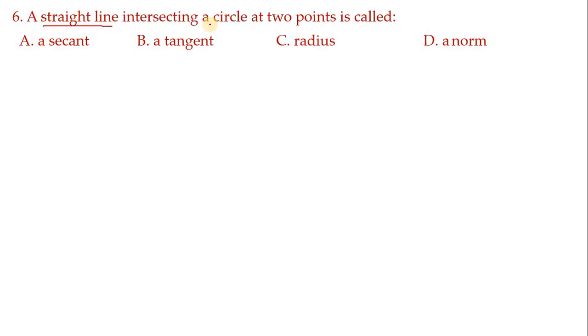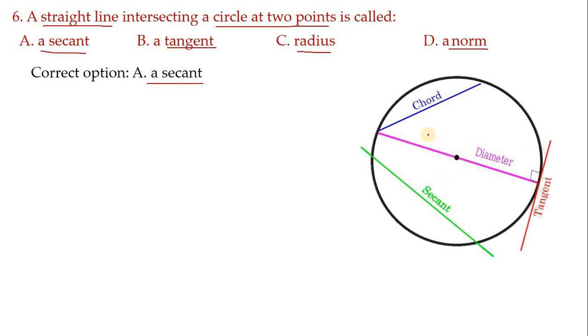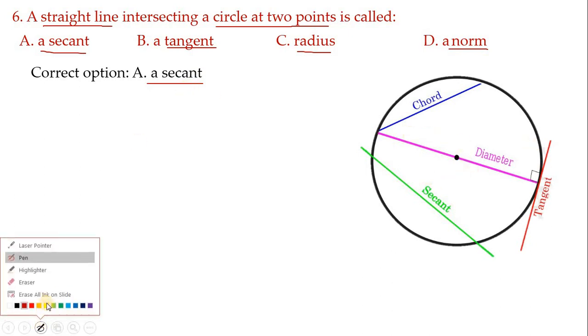A straight line intersecting a circle at 2 points is called secant, tangent, radius, and norm. So first, let us see the correct option, that is a secant. So to understand this, let me draw a suitable figure. See here, understand properly.